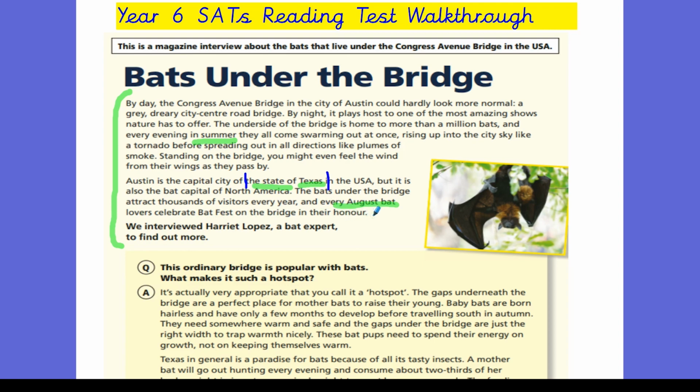So why do we think that they visit there? It looks like at this point in the year, in August, that is when all the bats appear. Millions of bats every evening in the summer. So that's when they have Batfest. They're not going to have Batfest at a time when there's no bats around.